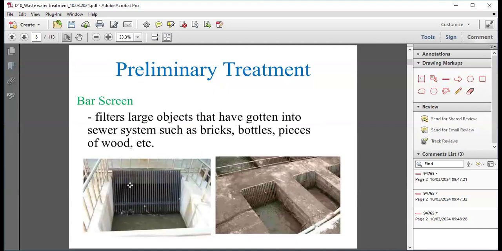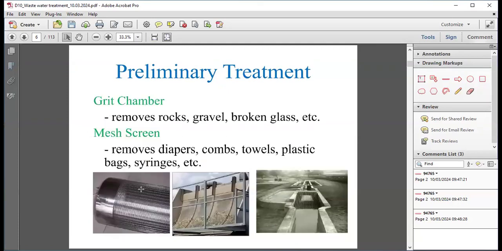So you see this is the bar screen system. Then a grit chamber removes the ropes, gravel, broken glass, etc. And the mesh screen removes the diapers, foams, towels, plastic bags, syringes, etc. Right?